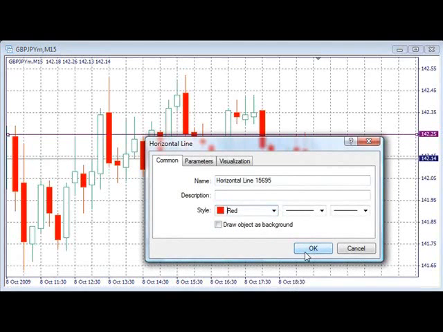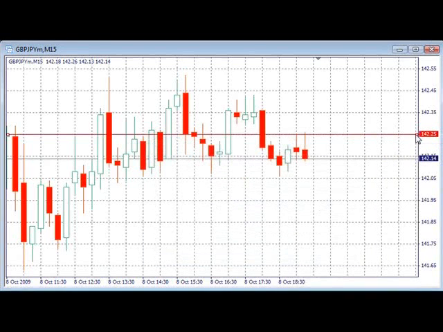And we're going to use a red line to say when price comes up to 142.25, we will be in the trade. That is the price I'm going to pay, give or take a pip or two, for this currency, the pound yen. Right now we're off by about 8 pips, so if that comes up, we'll be in this trade.